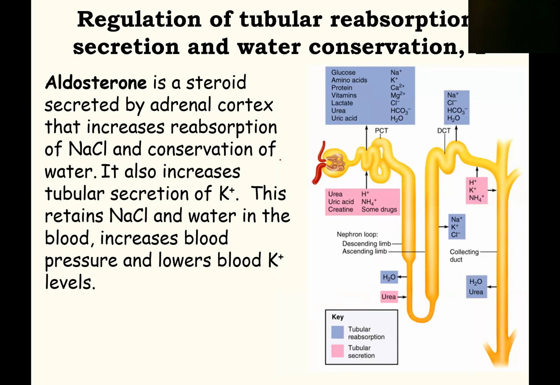The ways that we regulate the last three processes, and I don't know why they didn't go ahead and define the last process, but anyway, this is going to regulate all three: tubular secretion, tubular reabsorption, and water conservation. So one is the hormone aldosterone. It's a steroid that comes out of the adrenal cortex, which should be a reminder back to the endocrine system. And that's going to increase tubular reabsorption of sodium and chloride.